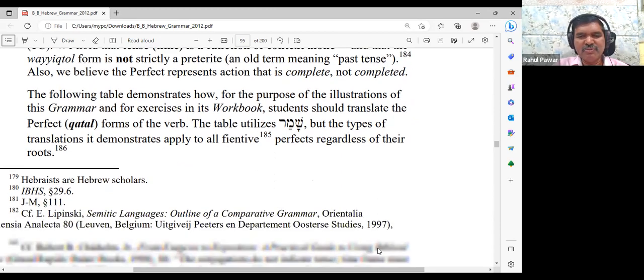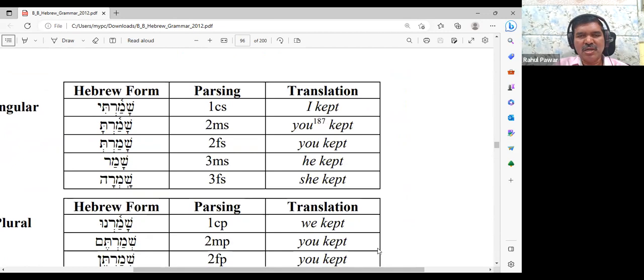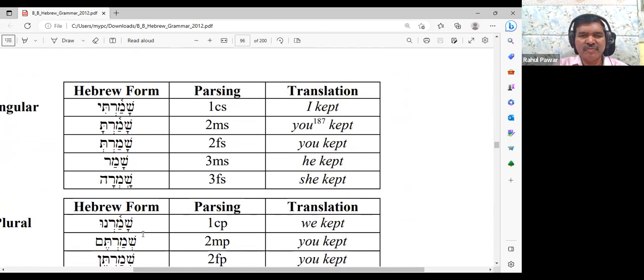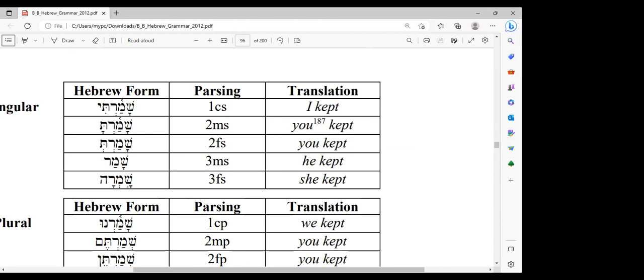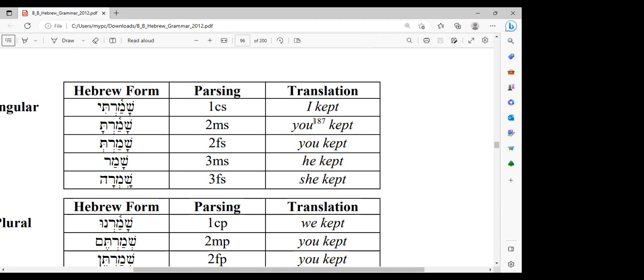Now here they have given the one action, shamar. Now I want you to unmute and say this action. First person common singular. Say after me, shamarti. I kept. Shamarta, you kept.